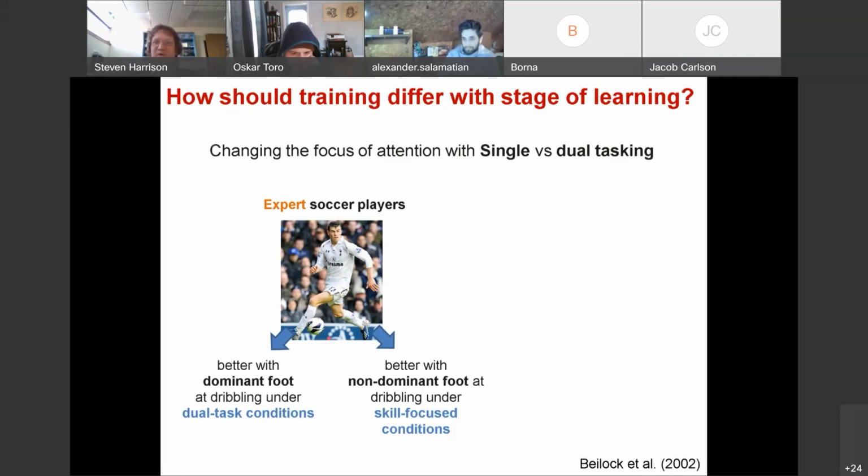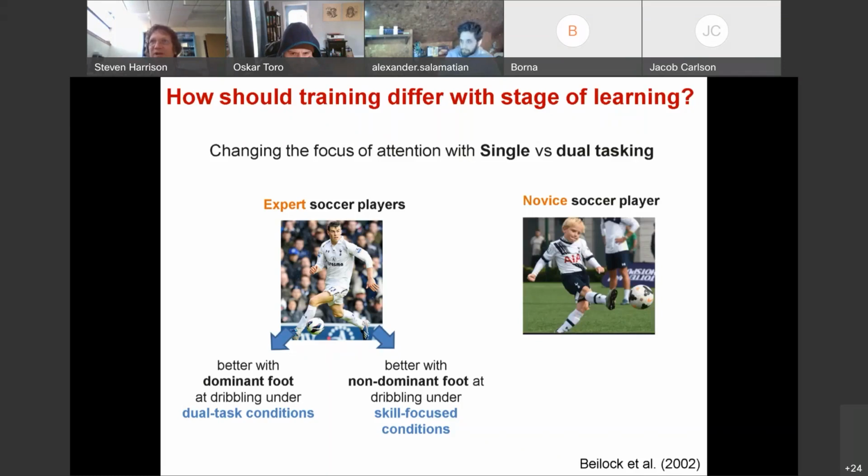When you have a less expert side, allowing them to focus on the skill was shown to have a benefit. Then let's look at the novice players, and we've got the result that we would expect. If you give them a dual task, it's likely to have performance detriments when they're first starting out. If you ask them to focus on the skill that they're doing, you're going to see the performance improvements.